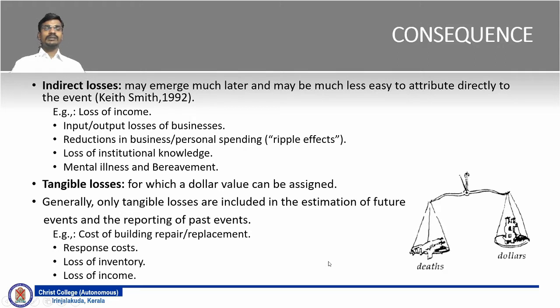Generally, only the tangible losses are included in the estimation of future events and the reporting of past events. For example, cost of building repair or replacement that was affected because of a disaster. So response cost, loss of inventory, loss of income, etc. all amount to tangible losses.